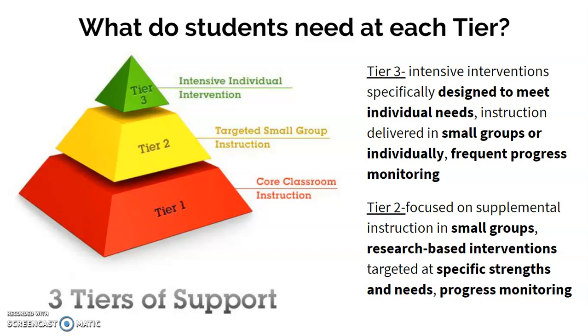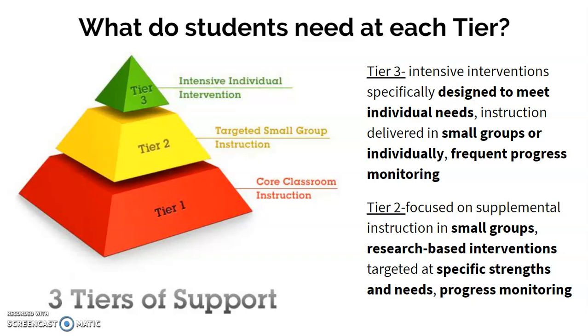Tier 3, they're going to have some more intensive interventions designed to meet their individual needs here. Tier 3 students also are going to get small group or individual instruction and frequent progress monitoring. Again, students are moved into Tier 3 after not progressing as expected in Tier 2. Again, Tier 3 interventions are typically more individualized.